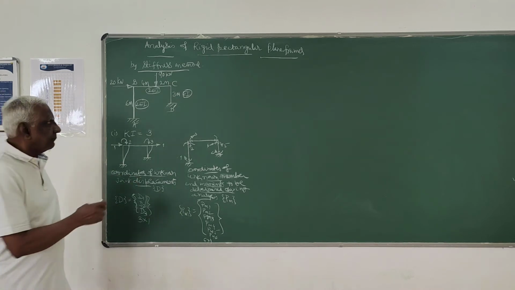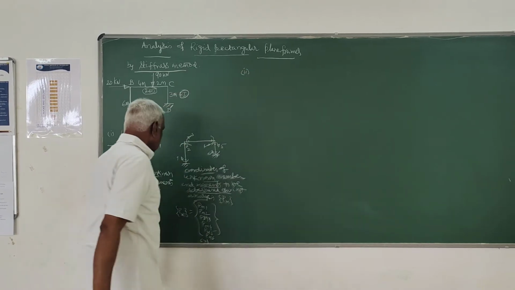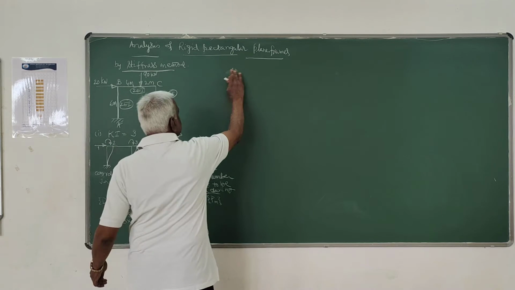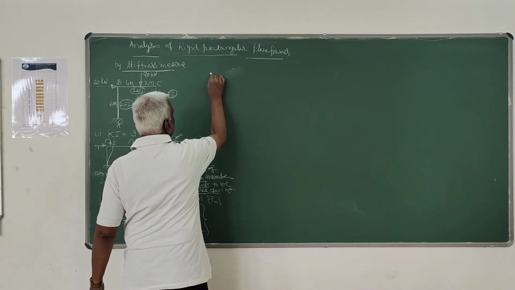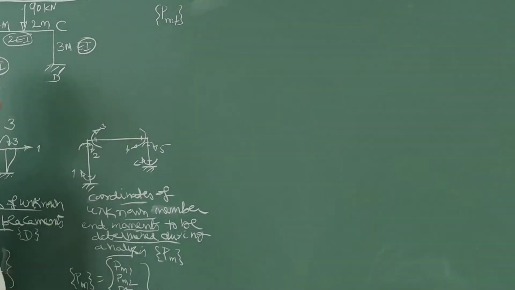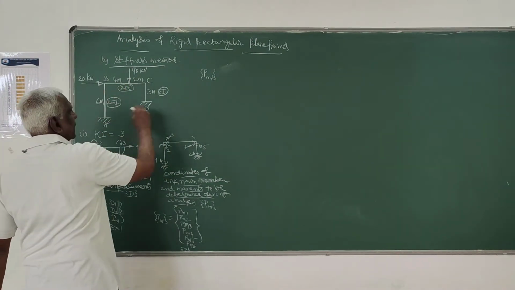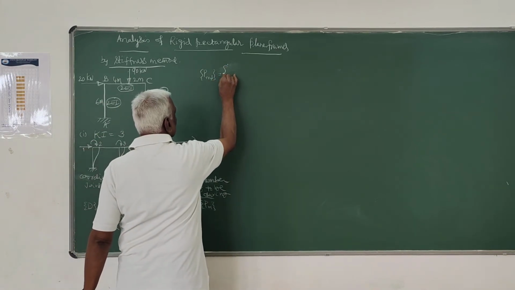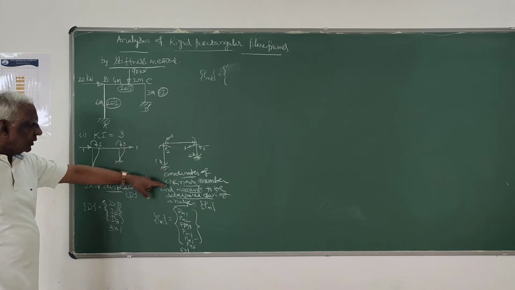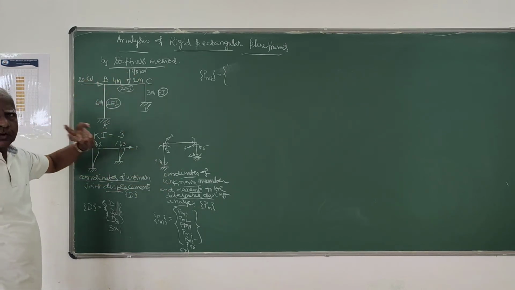That's the first step. Then the second step, or here itself in the first step, you can find out PMF, that is the member end forces corresponding to these PM matrices due to the member loading.